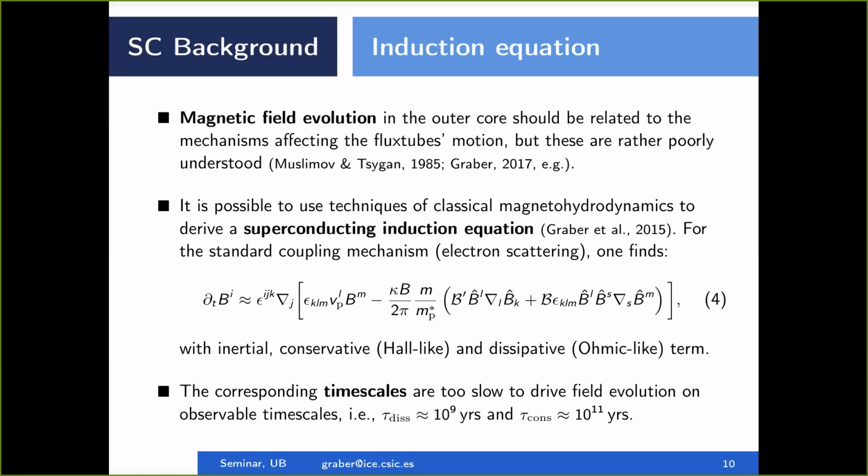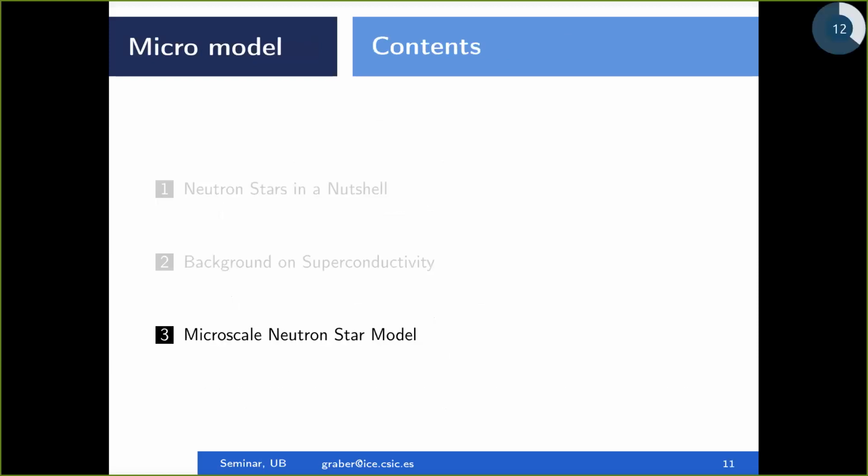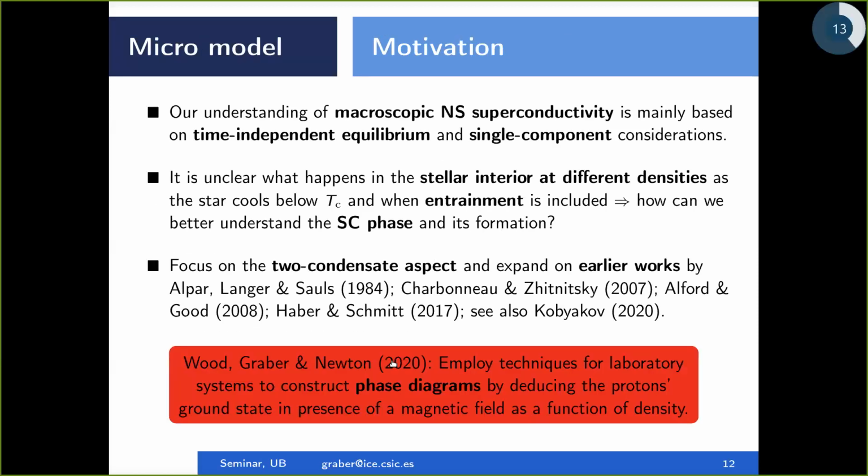But there's one obvious thing that, if you look at this model, is not correct. The reason for that is that our understanding of this macroscopic superconducting picture in the neutron star case is based on single component considerations. So people just use the single component Ginzburg-Landau model, really textbook expressions.